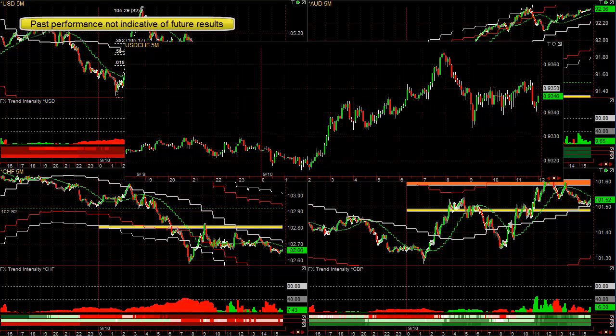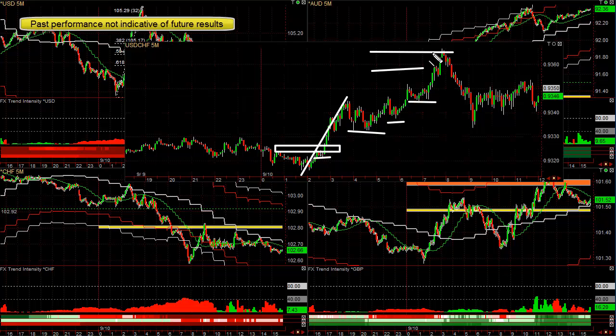And another method is to move your stops up. When it makes a new high and pulls back, you put your stop here. Makes a new high and pulls back, you yank your stop up here. Makes a new high and pulls back, you make your stop here. And you've got to have a minimum goal for your trades. If it's 20, 30 pips, or if you draw your fibs on here, the fib targets are up here.